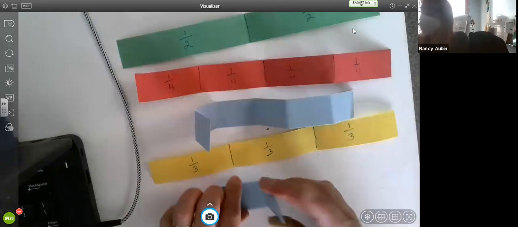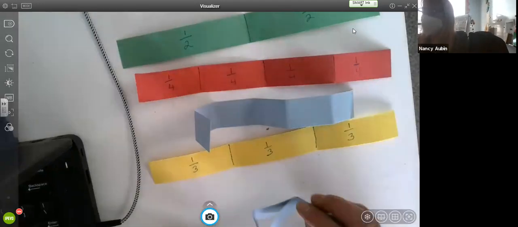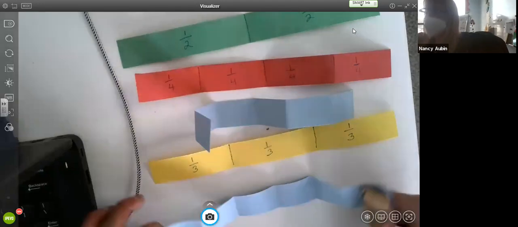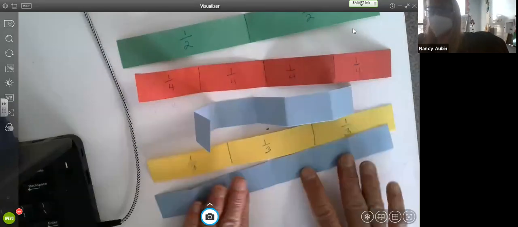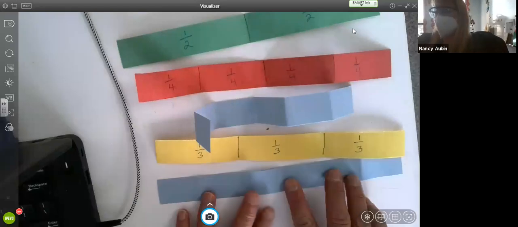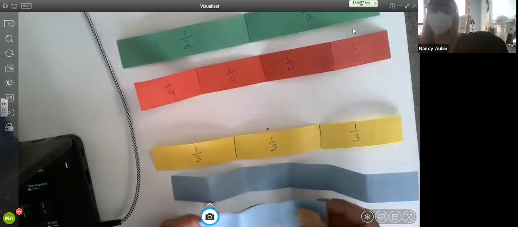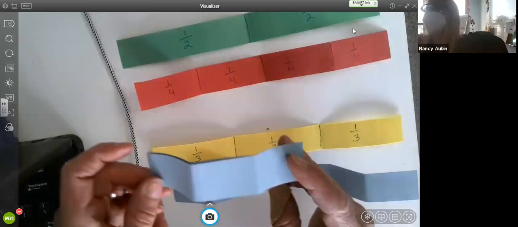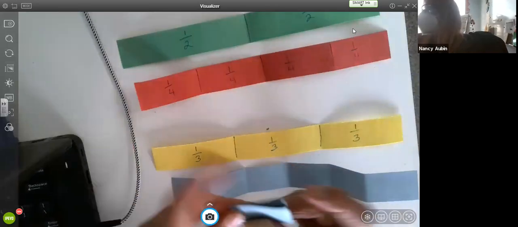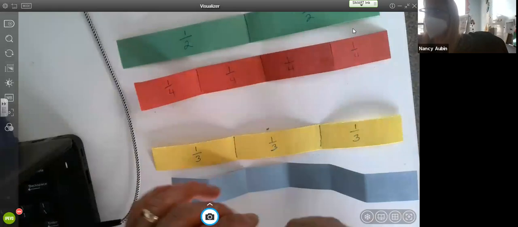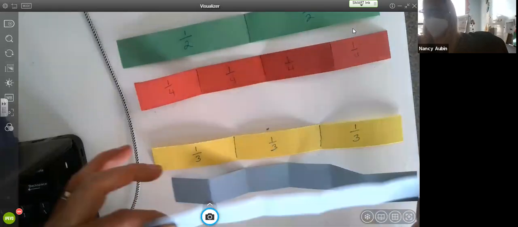Either way you do it will work. You can start with thirds and fold your thirds in half and you'll get 6. Or you could start with half and fold your half in thirds to get 6. Whatever way you want to do it is fine. Both ways will give you 6.